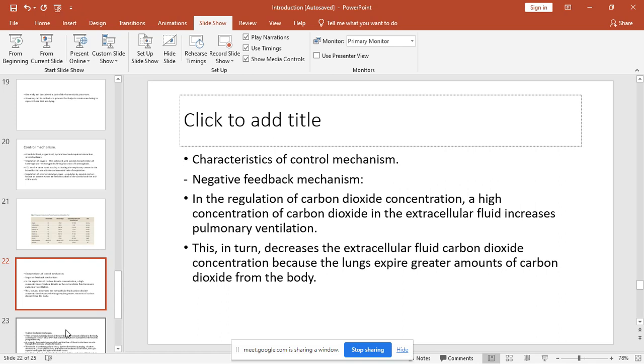An example of a negative feedback mechanism would be the mechanism employed when, for some reason, maybe you're not breathing enough, and so the concentration of carbon dioxide increases in your body.